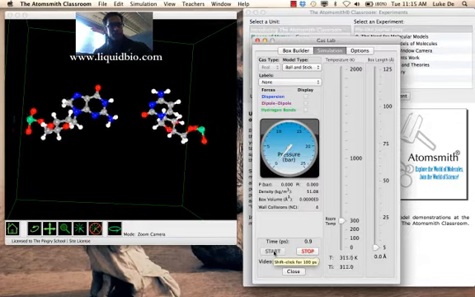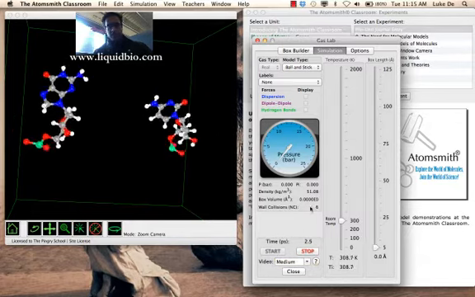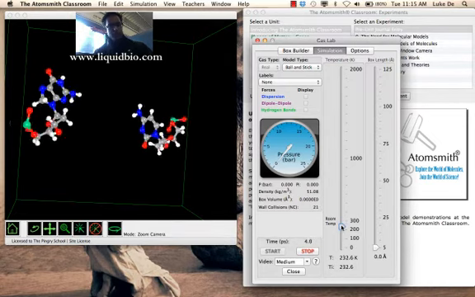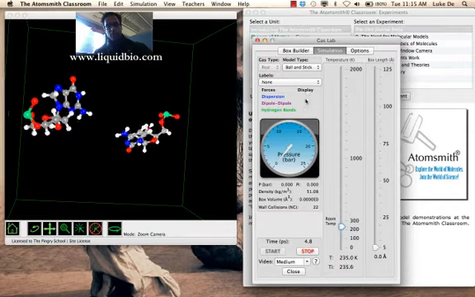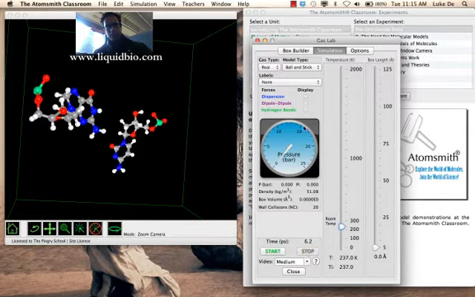Okay, you should see something interesting if we drop the temperature just a little bit right now. You see they're pretty much just bouncing over each other, so they're overcoming any attractive forces that they might have right now. Oh, that stinks.